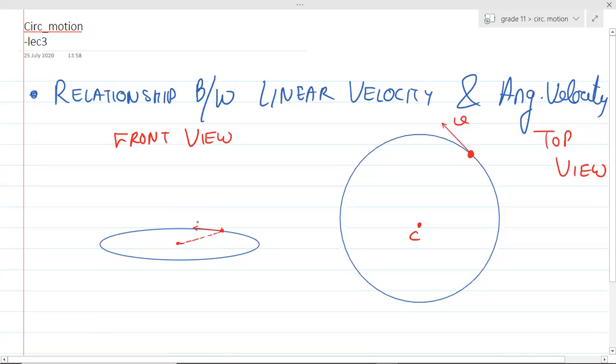Can you see, guys, tangential velocity? Although it is not that clear in this, it is clear in the top view, right? Is it clear in the top view and front view? This angle should be 90 degrees. This angle is 90 degrees. Yes or no?